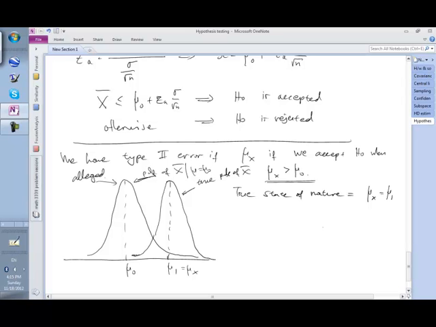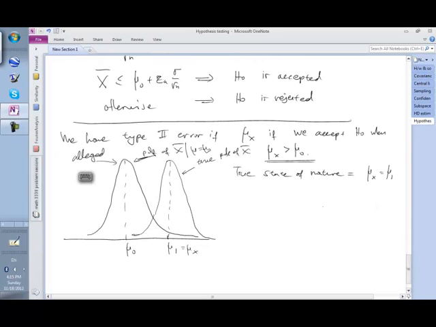Alleged because when you do this design of the solution, you operate based on the premise that the mean of x is equal to mu sub 0. You ignore the fact in your design that the mean is something else. Now you want to see what is the probability that we accept h sub 0, that's the type 2 error, given that the mean of x is equal to this particular value mu sub 1.